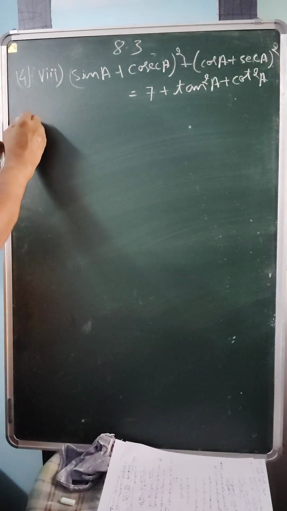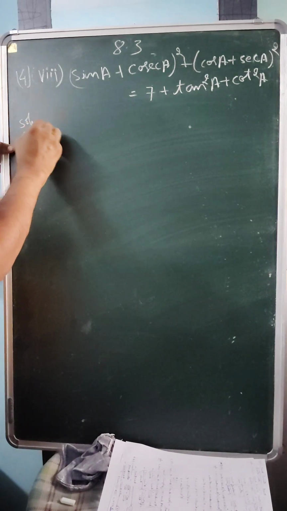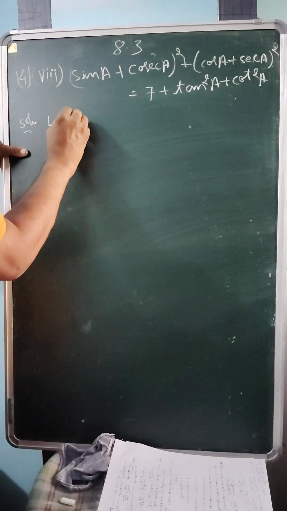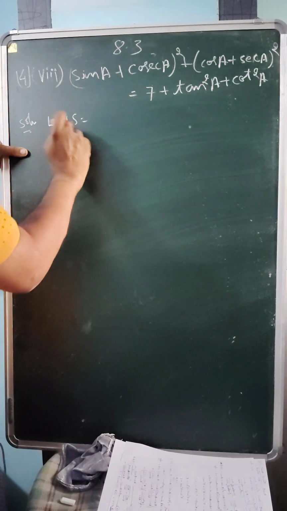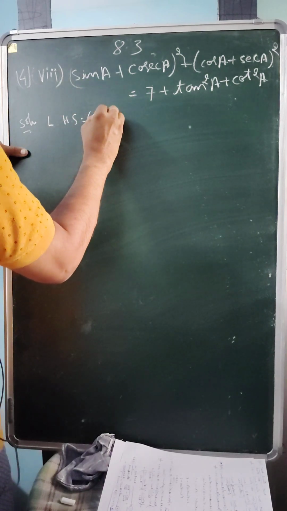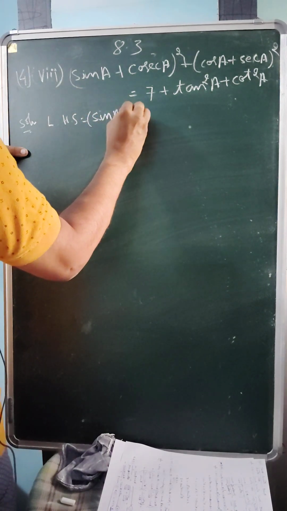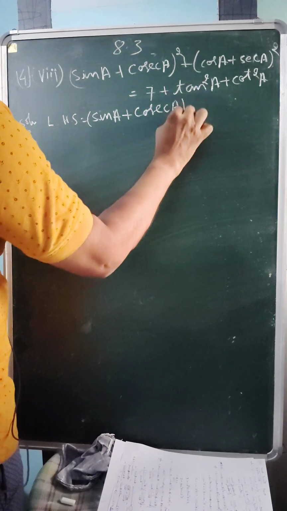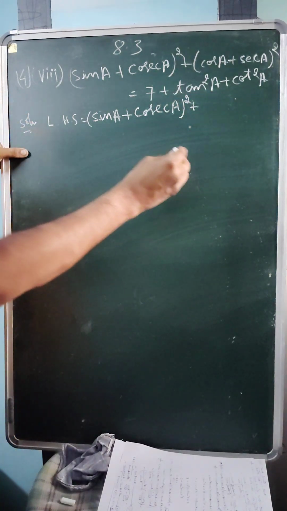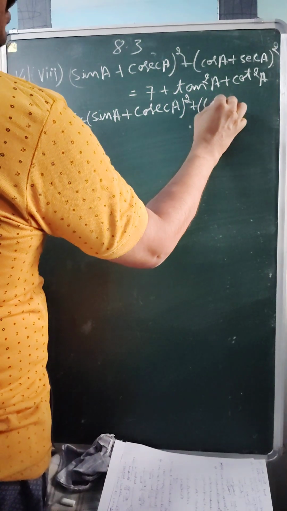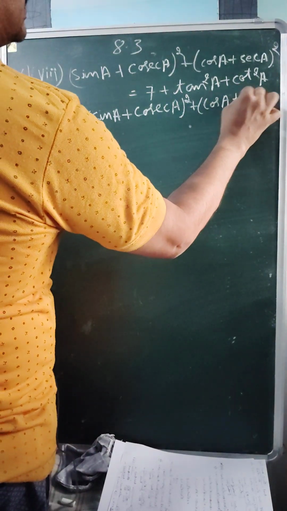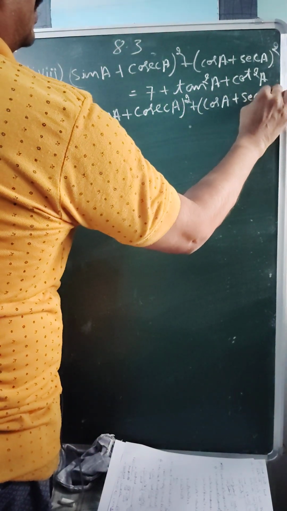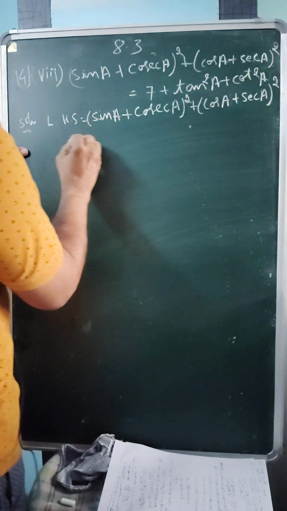Then solution. LHS, the left hand side, is equal to (sin A plus cosecant A) whole square plus (cos A plus secant A) whole square.